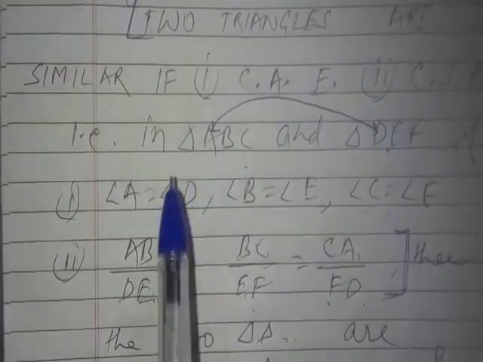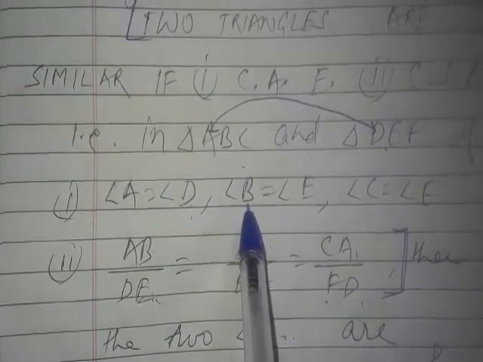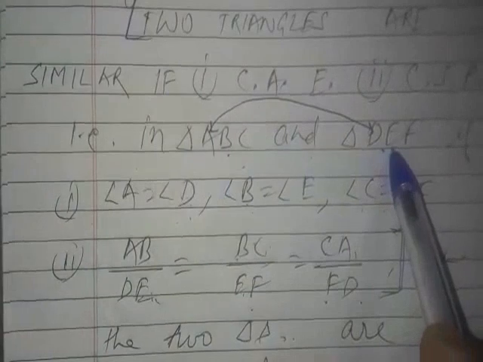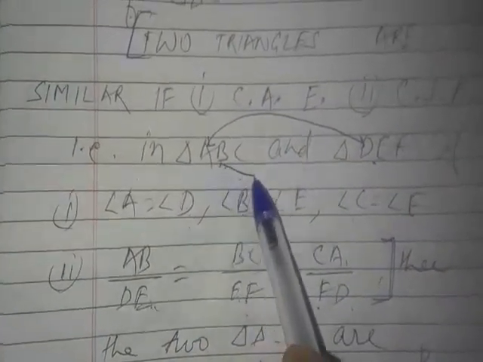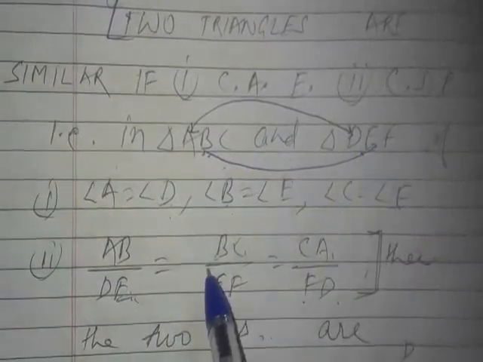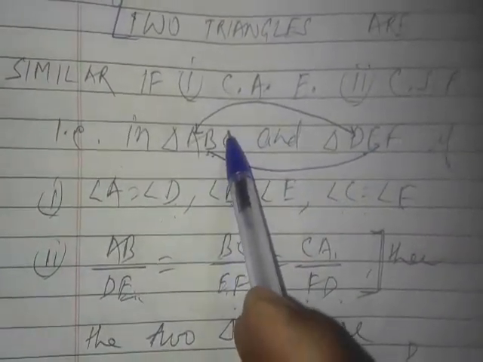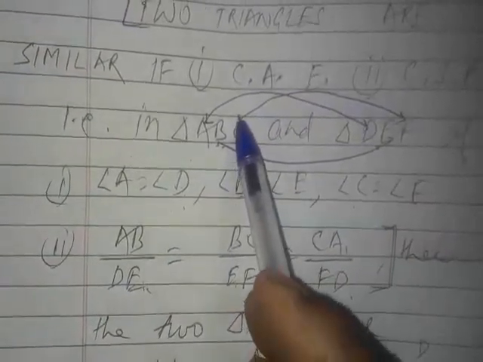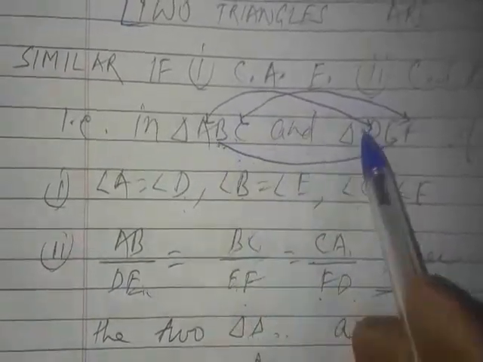Similarly, angle B is the second letter of triangle ABC, whereas vertex E is the second letter of triangle DEF. So these two angles are equal. Similarly, angle C is equal to angle F, which are the third letters of triangle ABC and triangle DEF respectively.